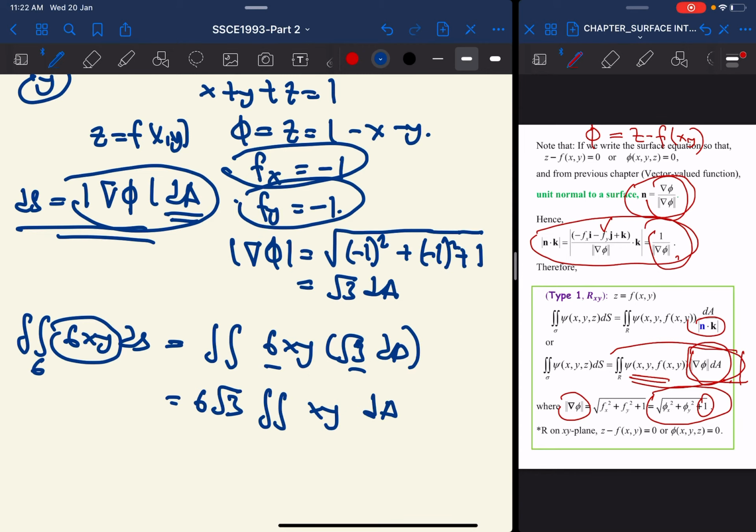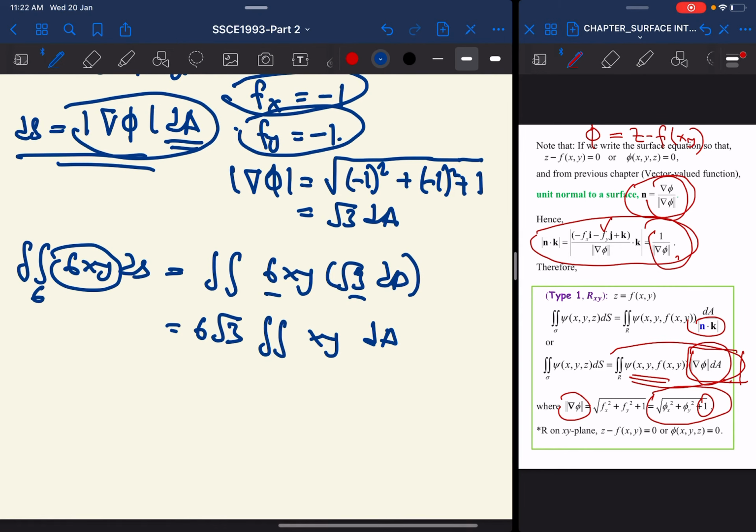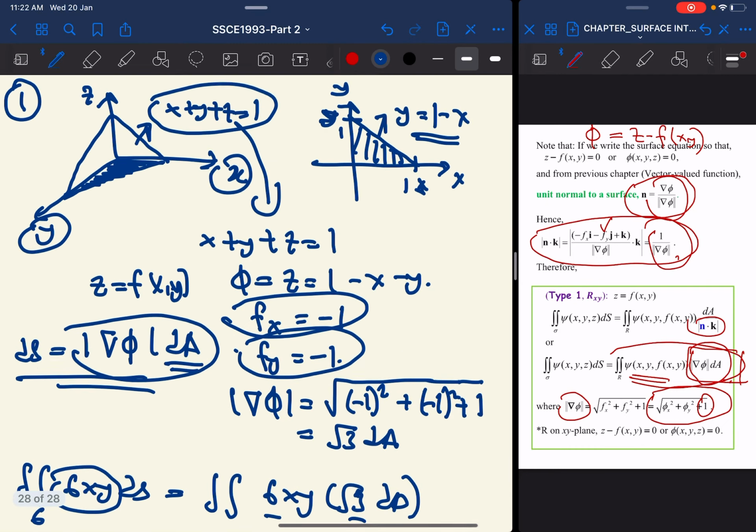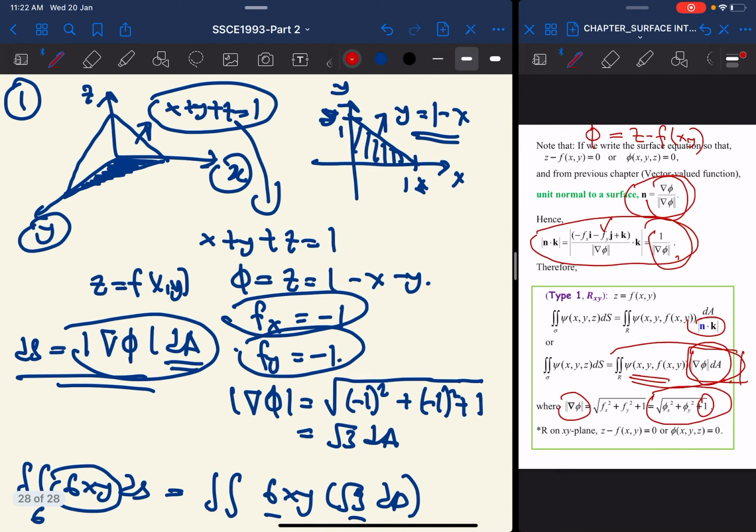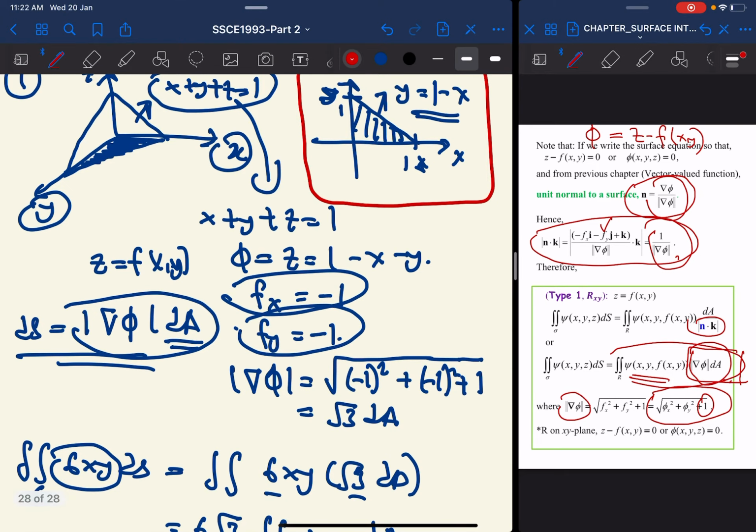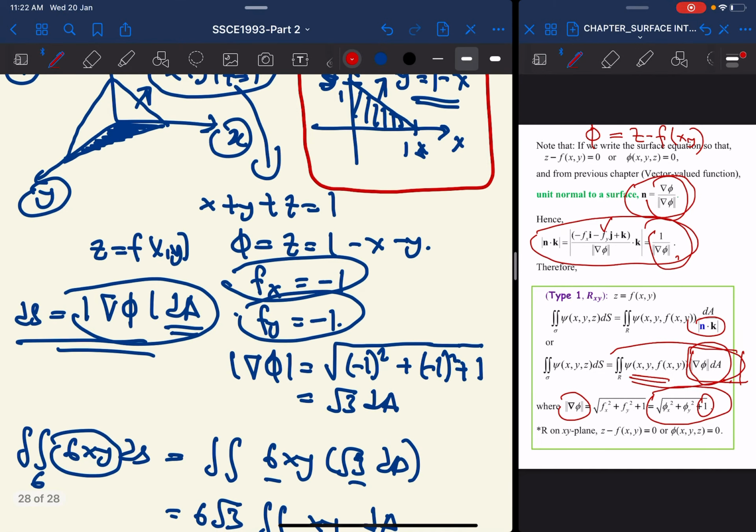xy dA. Okay, now when we are dealing with dA, there are two possibilities: dy dx or dx dy. The idea is to get the limits from this sketch, so you have to get the correct region from the given surface.